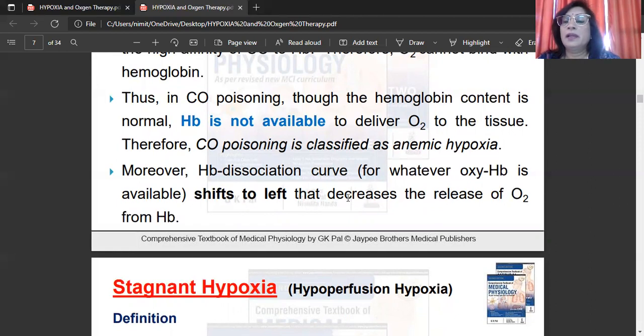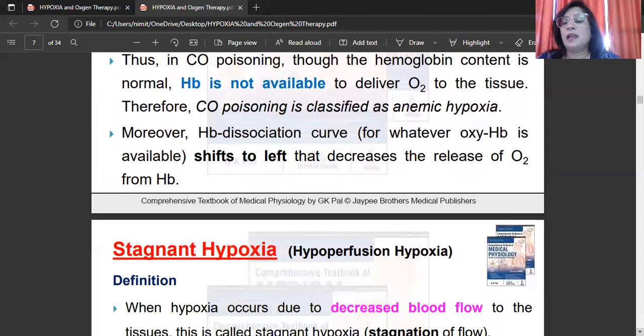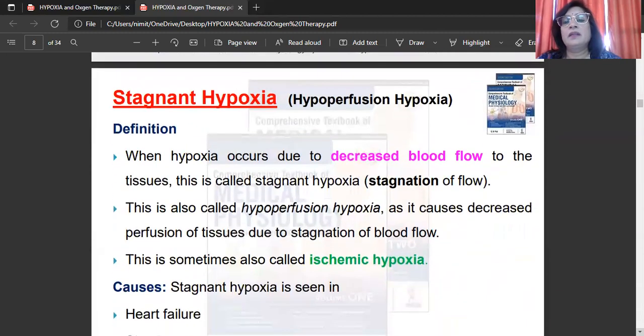This is commonly asked: in this type of poisoning, where the curve will shift and why. So you should know the reason very well and mention it.